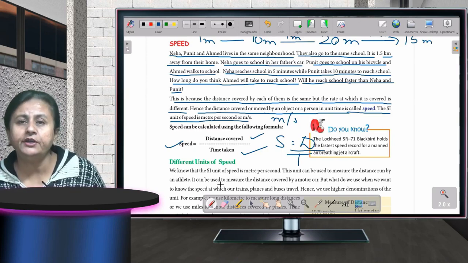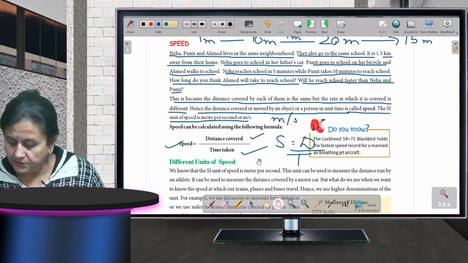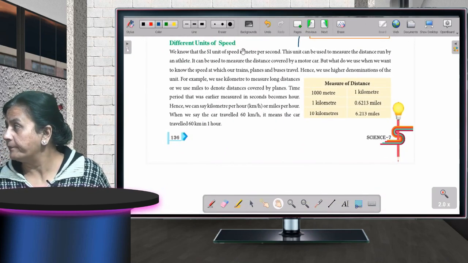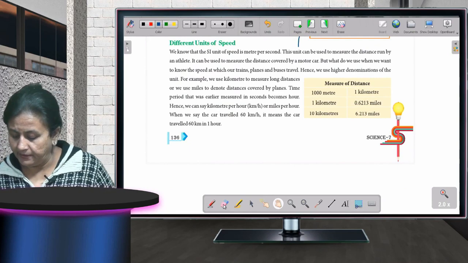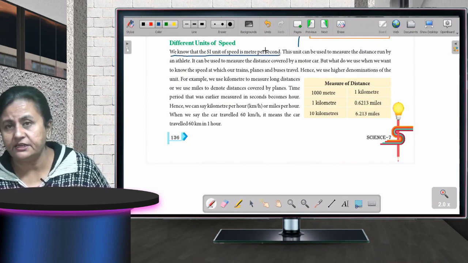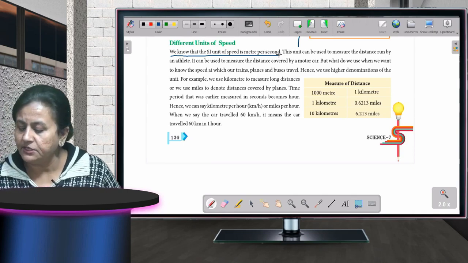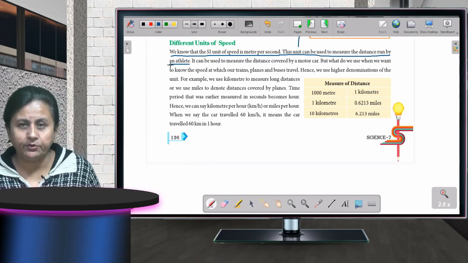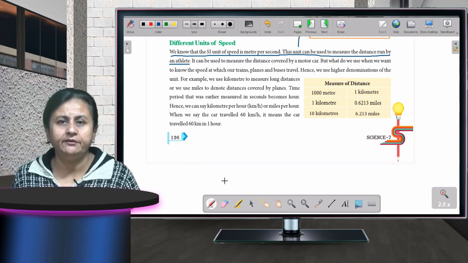Now, there are different units of speed. Can you all see on your screens now? Okay. We know that the SI unit of speed is meter per second. Just now I have told you about this. This unit can be used to measure the distance run by an athlete. Have you seen an athlete running?